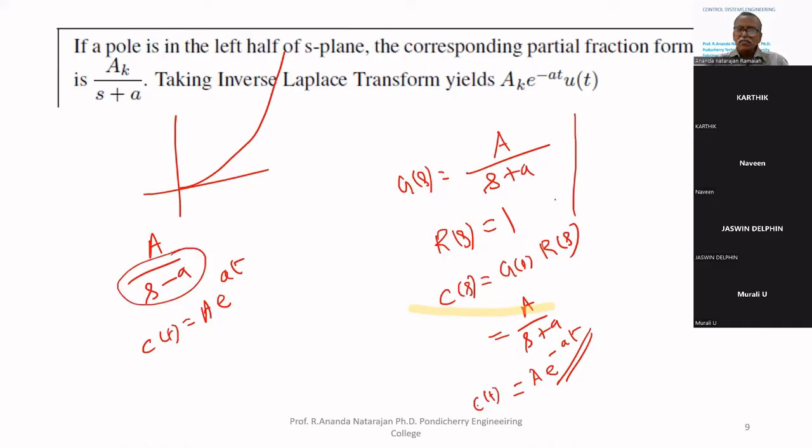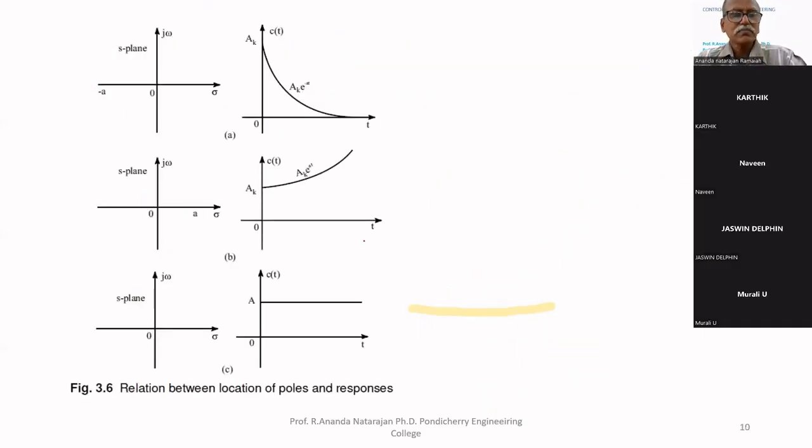Here the response comes like this, A e power minus AT. This is A e power plus AT, going on increasing. Here, the pole is on the left hand side.